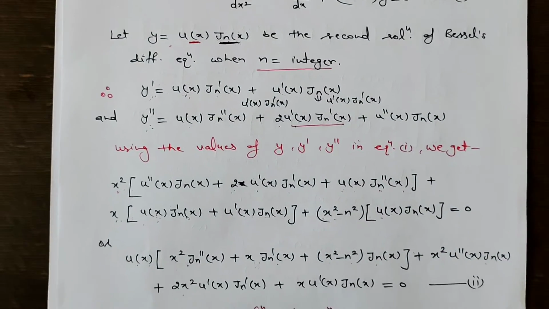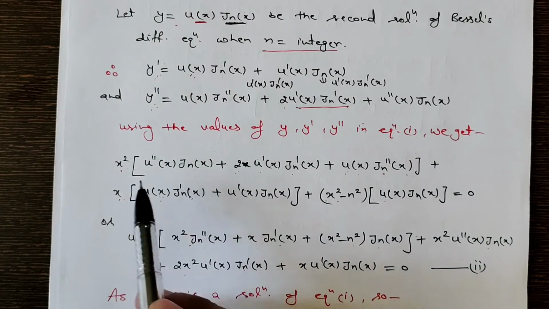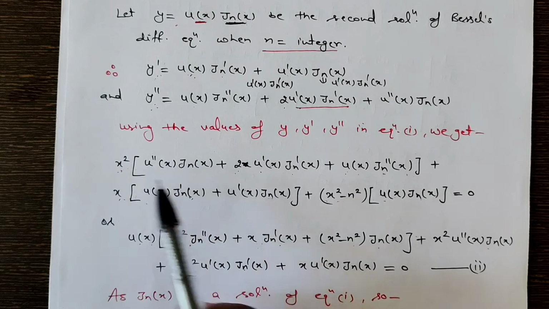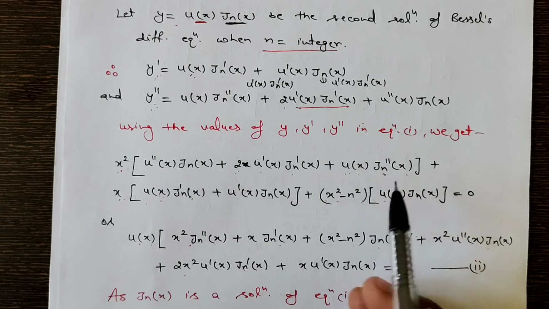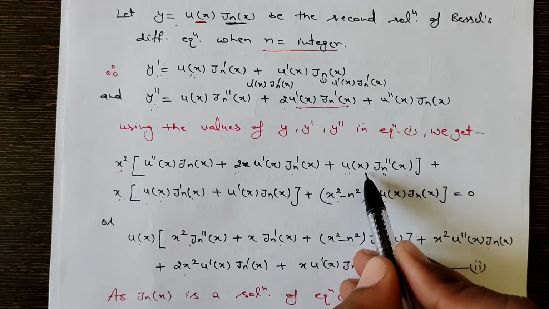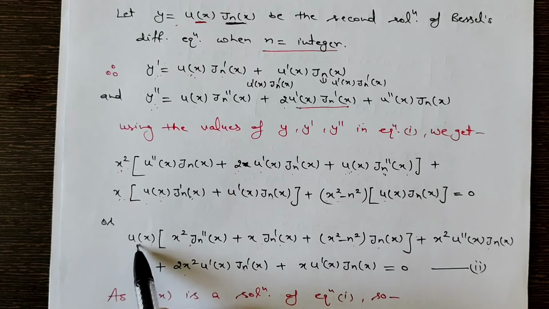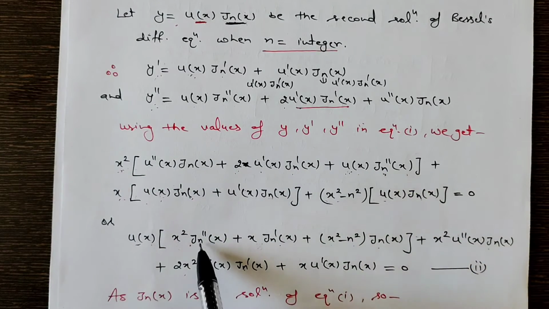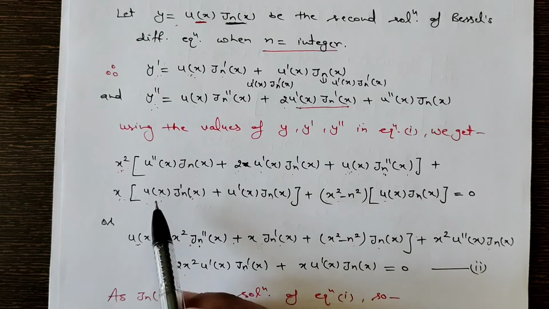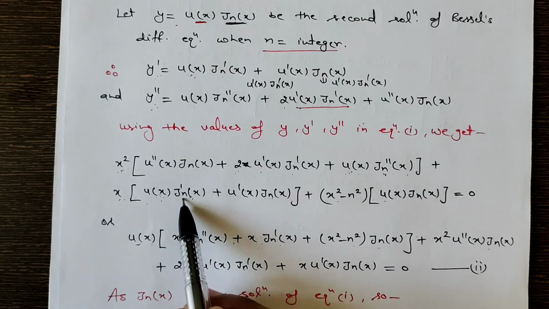So in the next step we will simplify this a bit more. Consider this term x square into ux into Jn prime x. I am considering this term and taking ux common. After taking ux common, the remaining term will be x square into Jn double prime x, plus the next term I am considering, x into ux into Jn dash x.